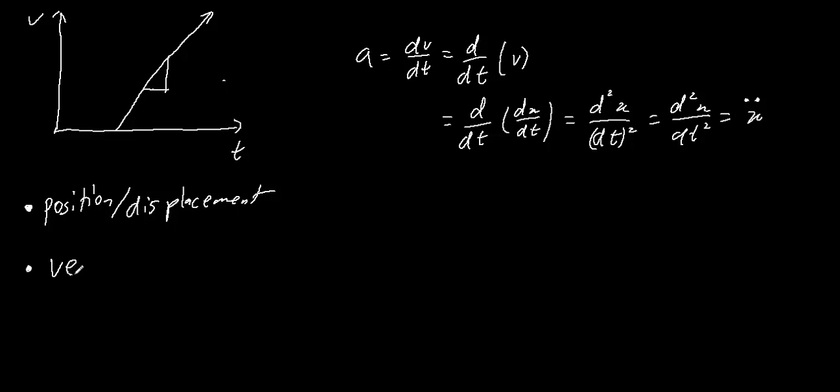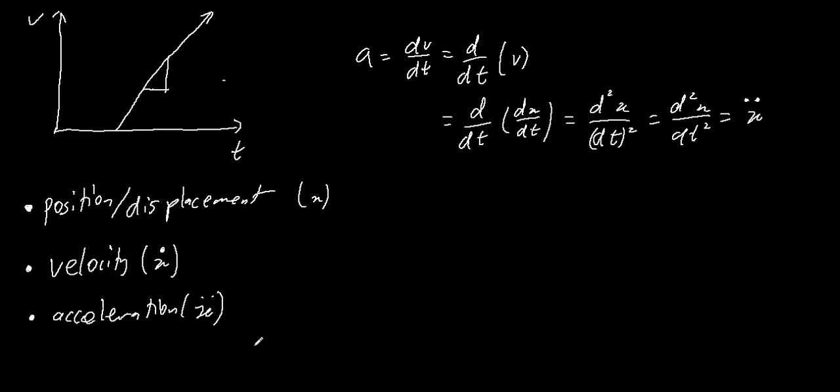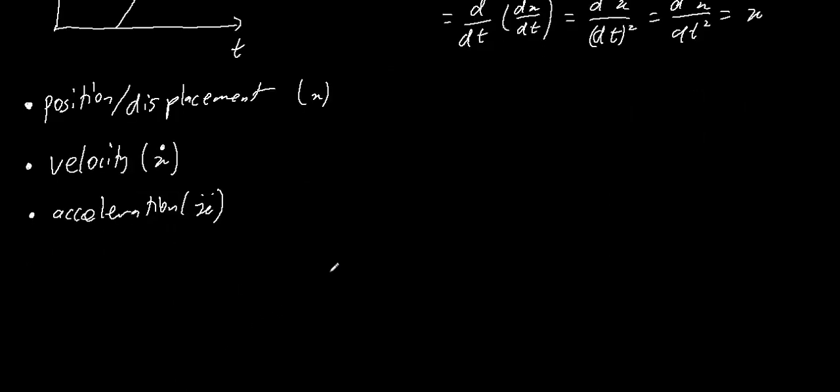Next is my velocity. I can write position as x or y or whatever variable I want, and I can write velocity as x dot. This is my next level: how something changes as time changes. Acceleration would be x double dot. Not hard to see.